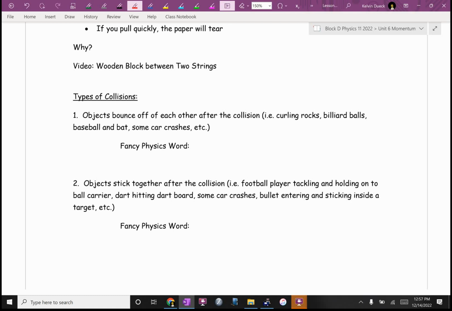Or a body check. All of those are examples of where the objects bounce apart, and the fancy physics word for that is elastic. Write that down. The way I remember that is elastic band, rubber bounces apart. That's how I've done it for years. An elastic collision, they bounce apart. Elastic rubber bounces.